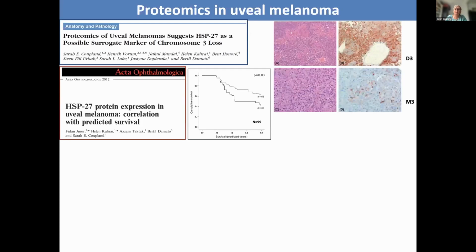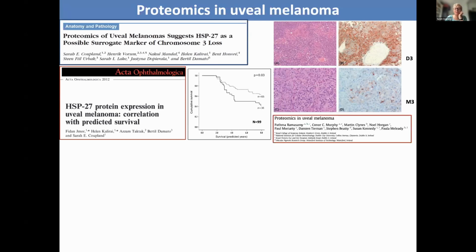We then looked at paraffin tissue, and this was a larger cohort than the original study. And we found that indeed we could use HSP27 immunohistochemistry to predict the outcome of the patient. It did correlate with chromosome 3. This was confirmed by other groups.